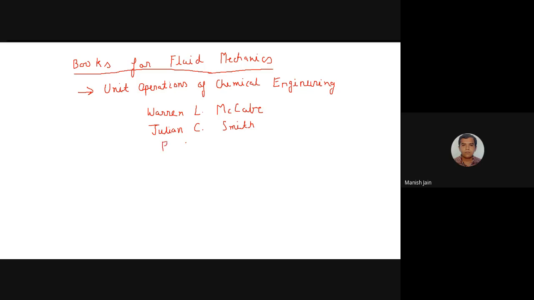It is also called the McCabe Smith. This book is known as the McCabe Smith book. Okay, so this is the first book. Second book is the Coulson and Richardson.